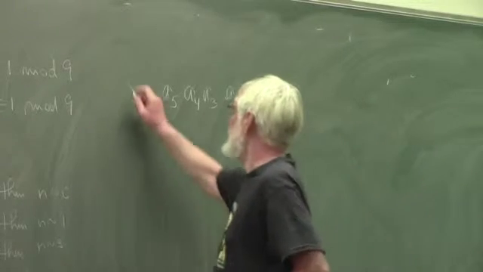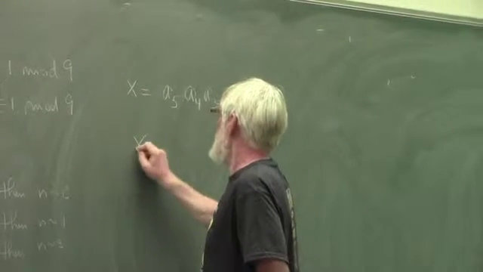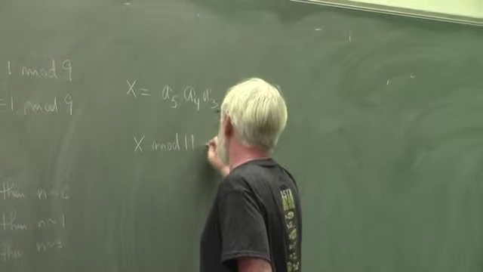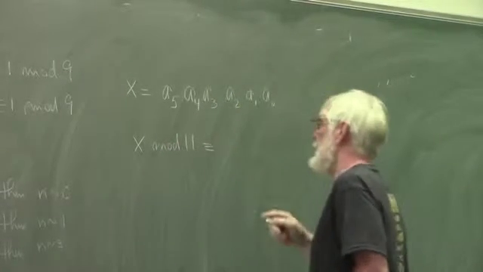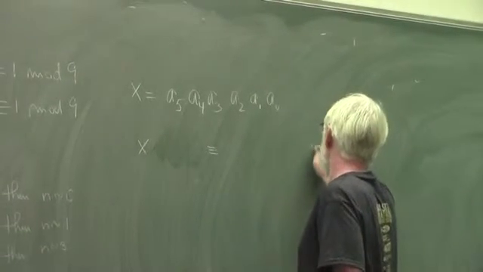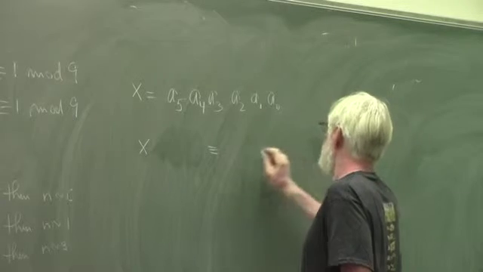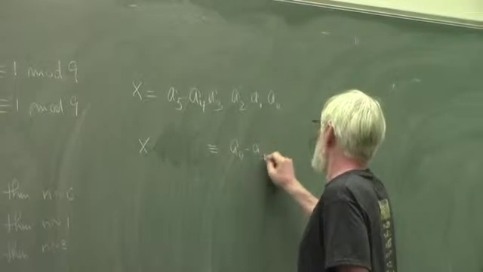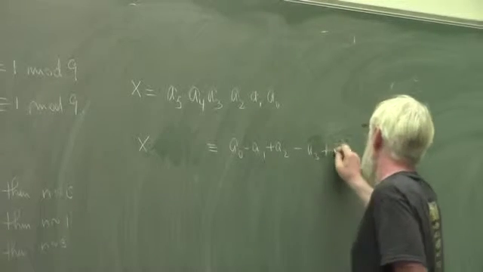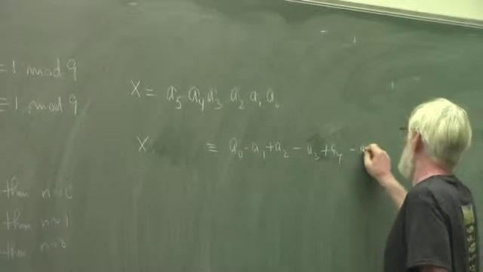So if this is X, so X mod 11 is the same. Or let's say X is the same as A0 minus A1 plus A2 minus A3 plus A4 minus A5.